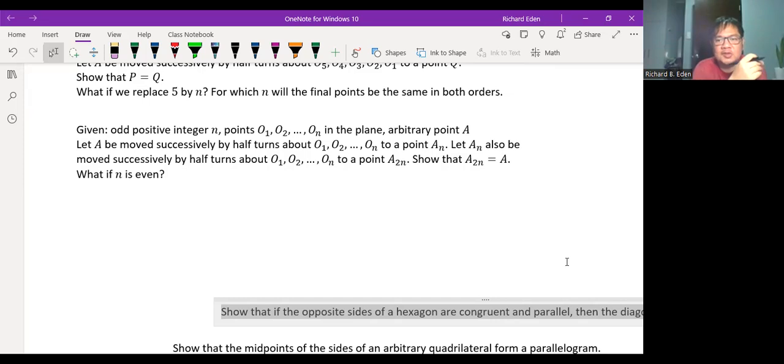And then we do the whole process again, but now starting with A sub n. So we're going to do half turns with respect to the same collection of centers, in the same order, with respect to O1, O2, all the way to O sub n. And then the resulting image, let's call it A sub 2n. So show that A sub 2n is going to be the same as the starting point.